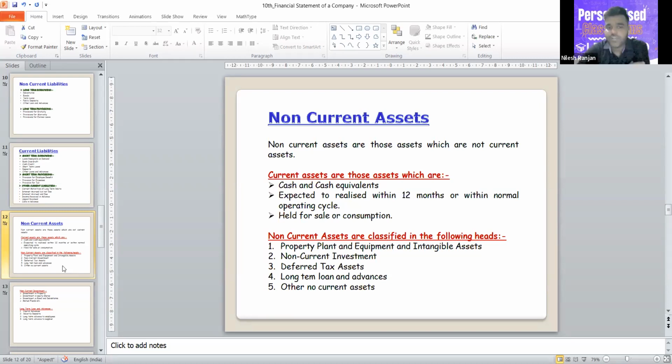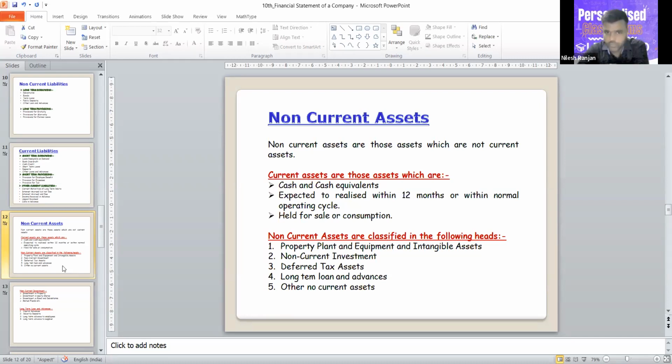The definition of current assets: current assets are those assets which are cash and cash equivalent. After that, those expected to be realized within 12 months or within the normal operating cycle, meaning we will sell those assets within 12 months or within the operating cycle.